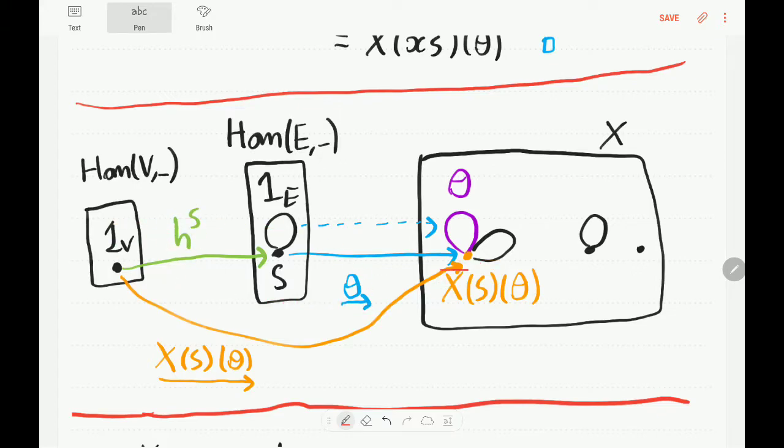And that composition gives us another arrow, this time coming from hom v comma blank into X, and that's going to correspond to this vertex here, which is the vertex of theta here in this bouquet X. So that's the action lemma.